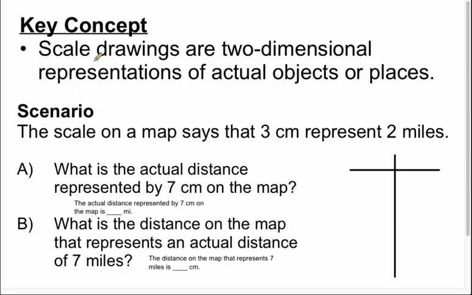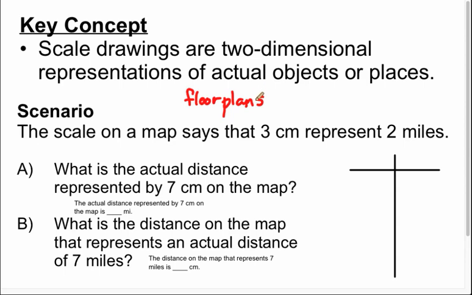All right, our next key concept is this. When we're dealing with scale drawings, scale drawings are going to be two-dimensional representations of actual objects or places. So these are going to be something like floor plans. If you take a look at floor plans, they're two-dimensional representations of the actual floors that are in buildings.